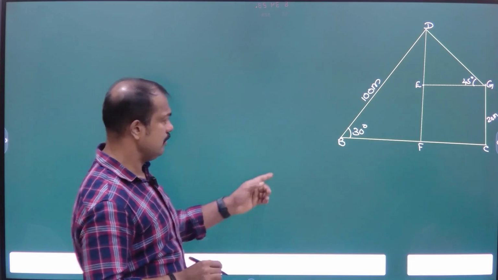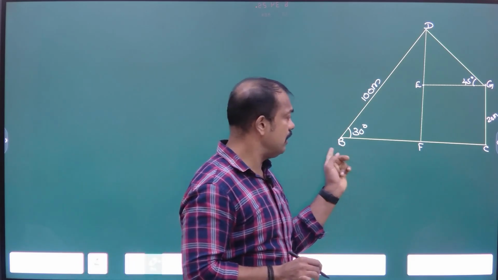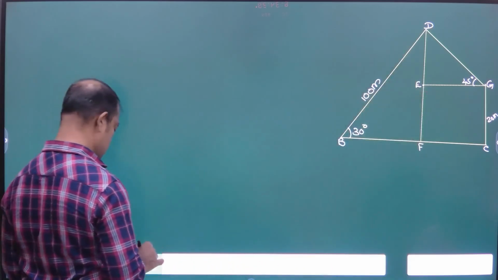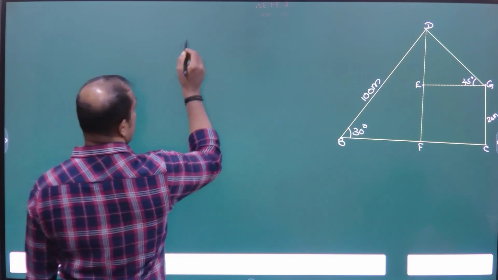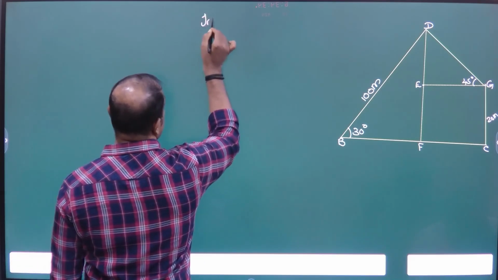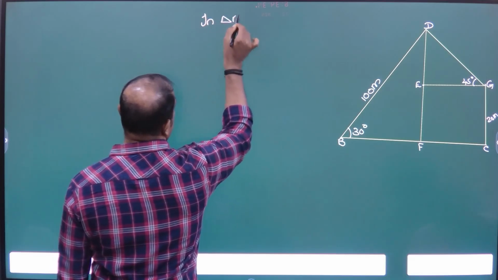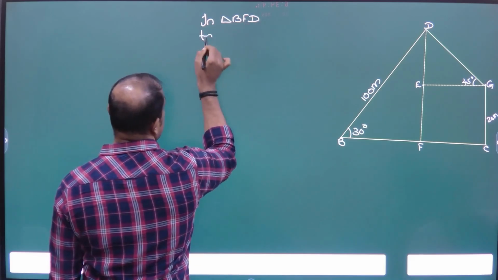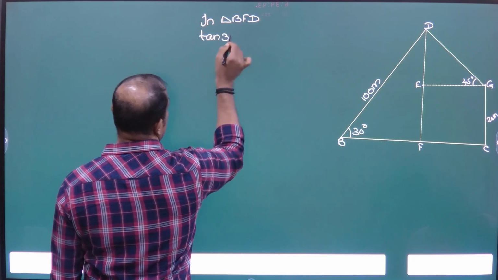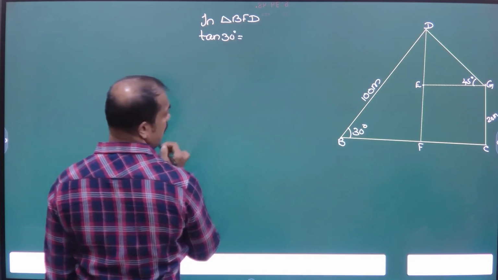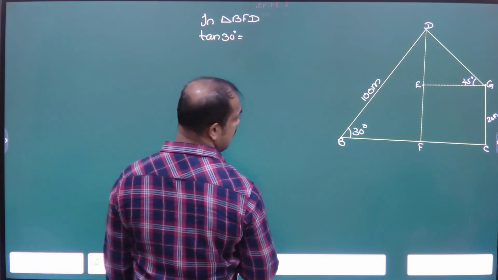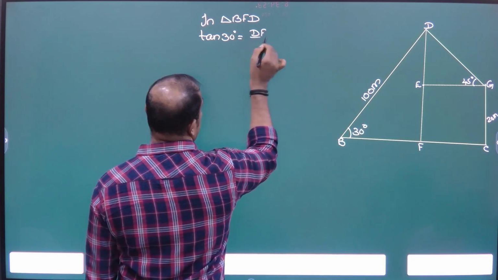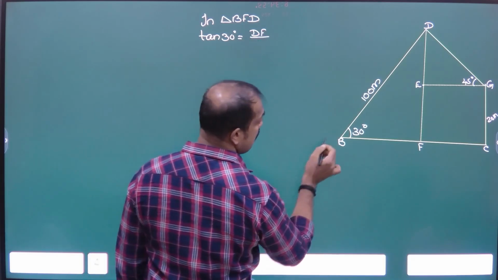What do you have to do first? In triangle BFD, tan 30 is equal to DF upon hypotenuse.